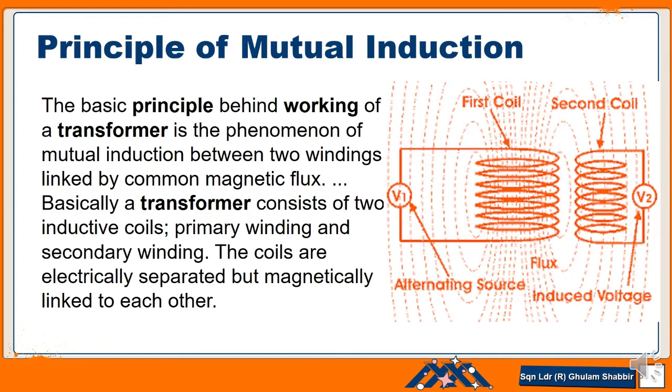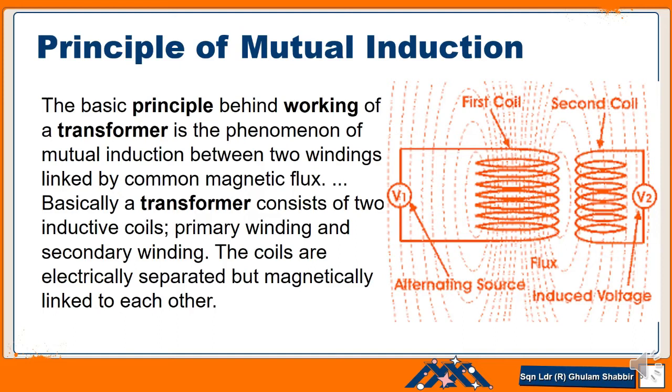The basic principle behind the working of a transformer is the phenomenon of mutual induction between two windings linked by common magnetic flux. Basically, a transformer consists of two inductive coils, the primary coil and the secondary coil. The coils are electrically separated but magnetically linked to each other.